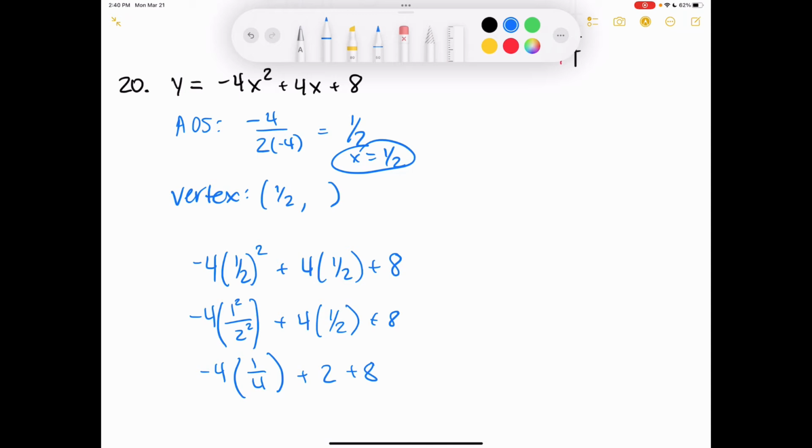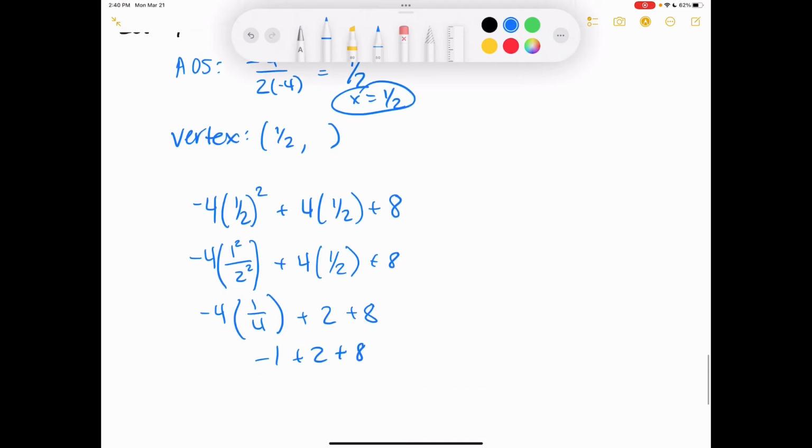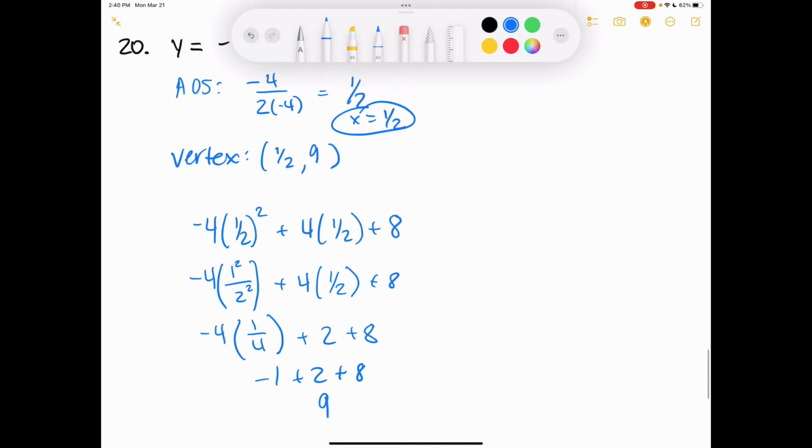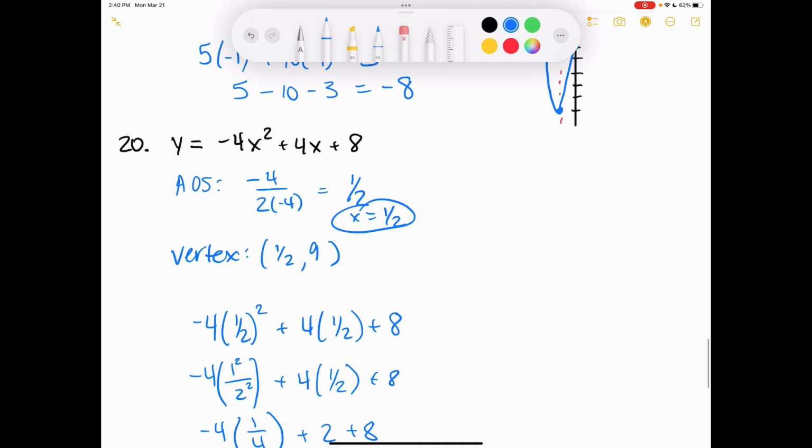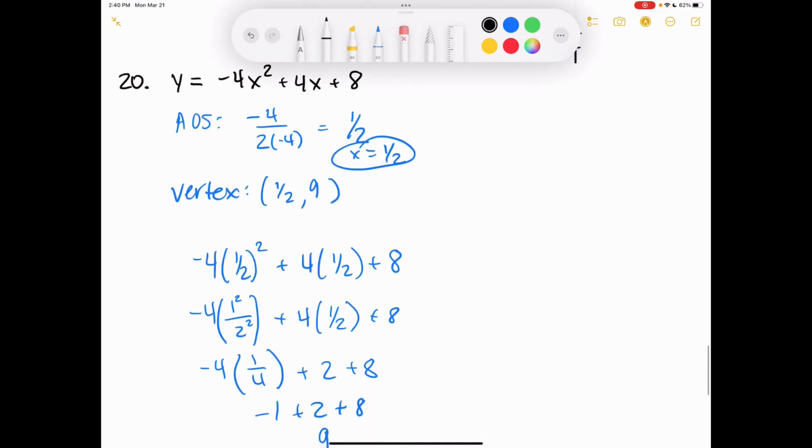These 4s are going to cancel, leaving me with -1 plus 2 plus 8. So, this is 1 plus 8 is 9. So my vertex is at 1/2 and 9. So I'm going to come over here and graph them.